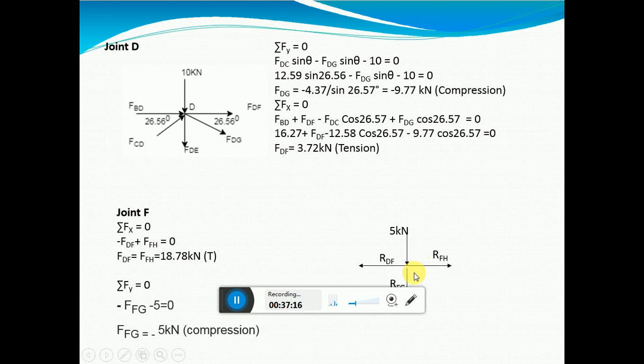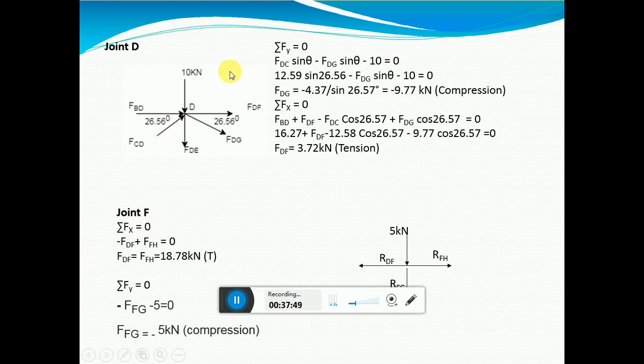In joint F we have RFG and RDF, and RDF is unknown, so we did not touch joint F. First we'll go for joint D and then we'll move on to joint F.